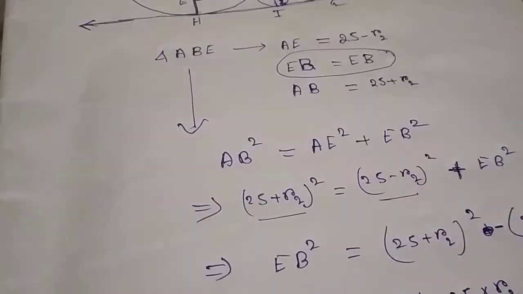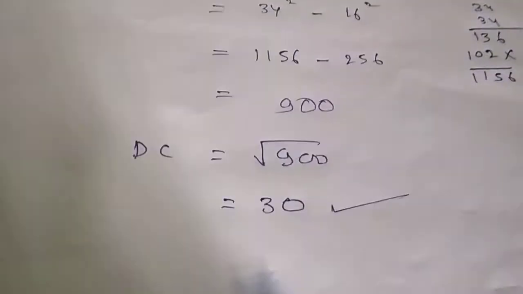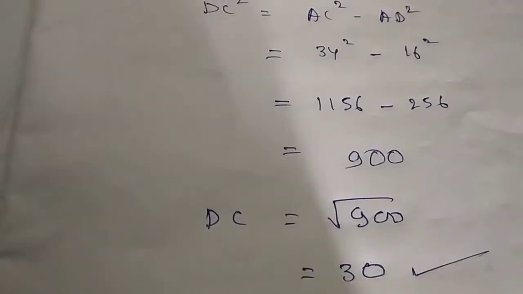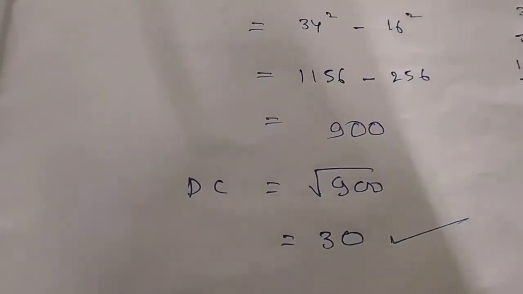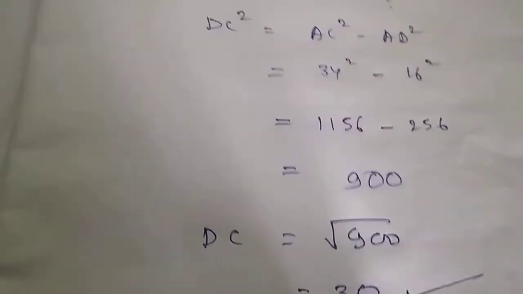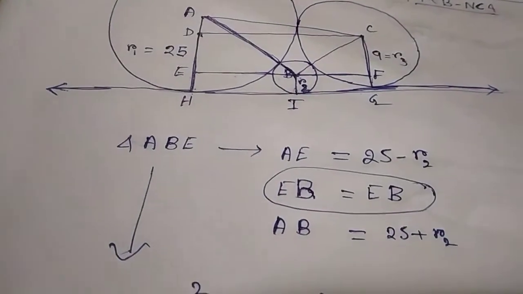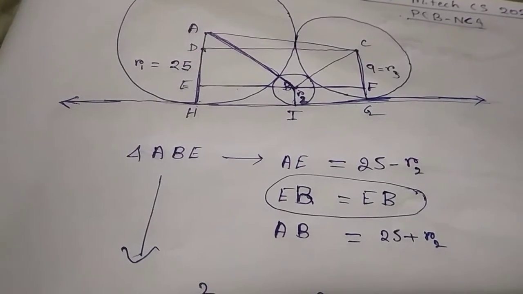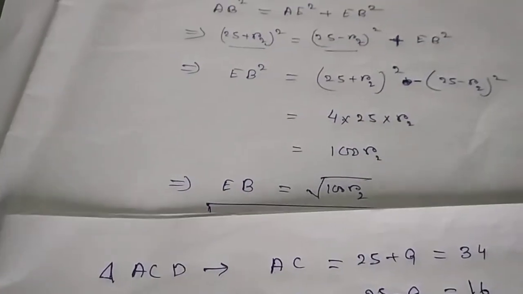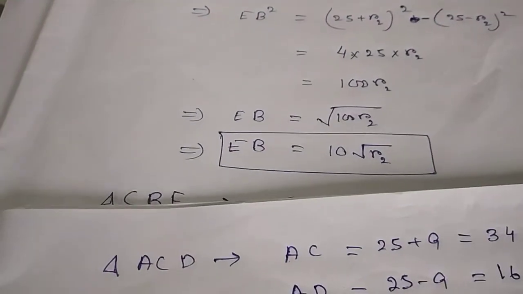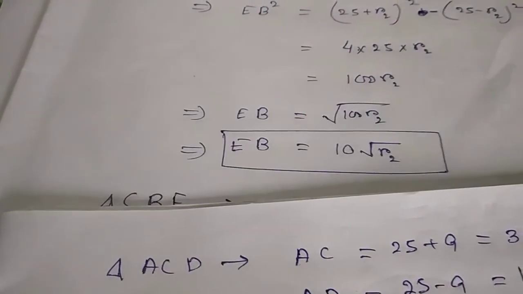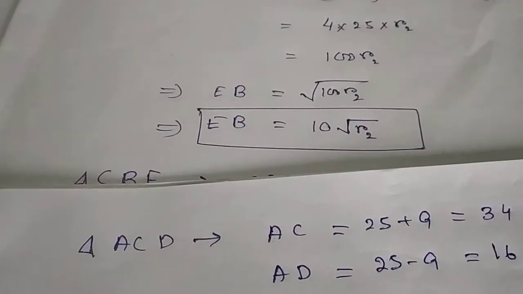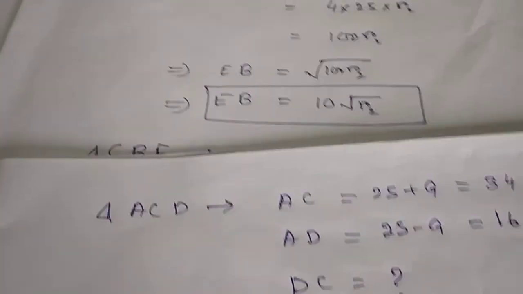So DC equals EB plus BF, which is 10 root R2 plus 6 root R2.